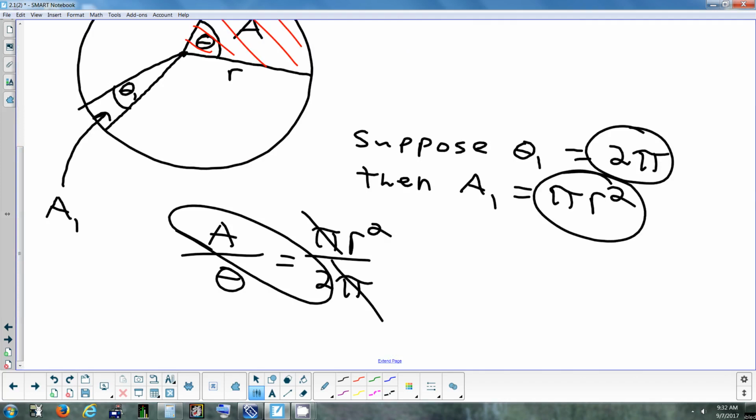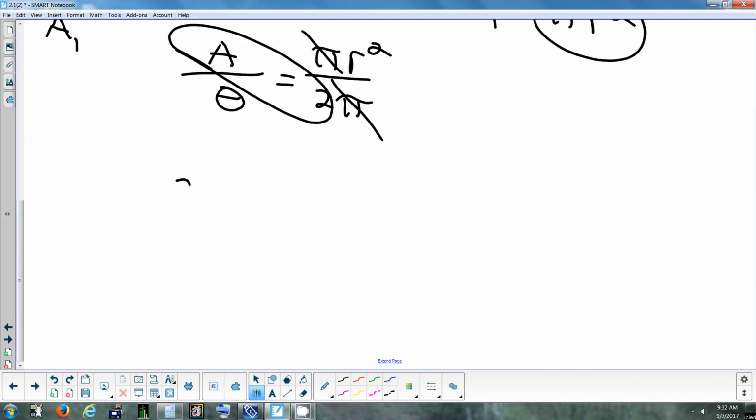What's a times 2? 2a. So 2a equals theta times r squared. So the book, the order they write it in is r squared theta. Now, that's not really a formula for the area. That's a formula for double the area. So what would I have to do on each side?